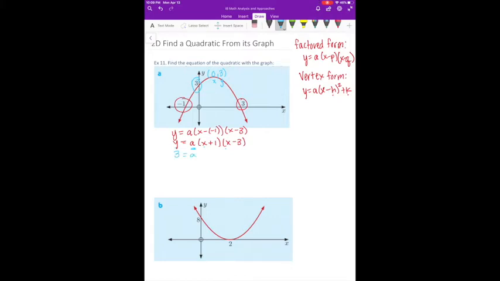So I get 3 equals a times 0 plus 1 times 0 minus 3. So I get 3 equals a times 1 times negative 3, which is 3 equals negative 3a. Divide by negative 3. So a equals negative 1.